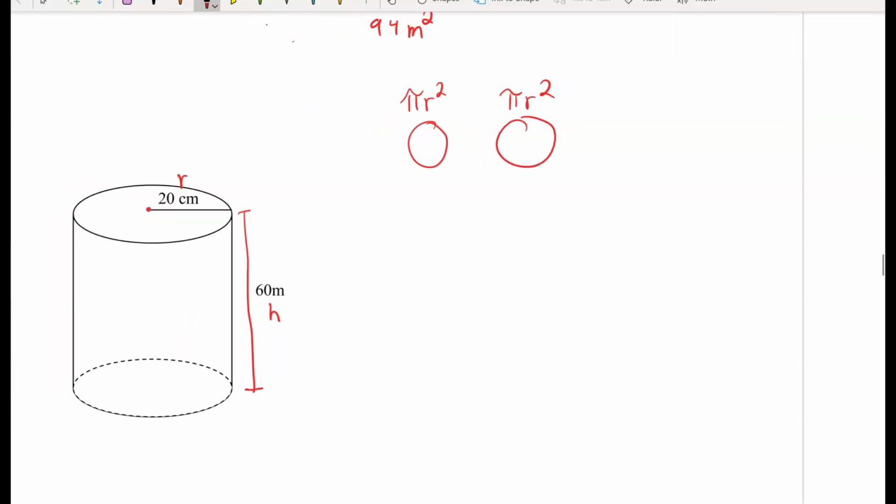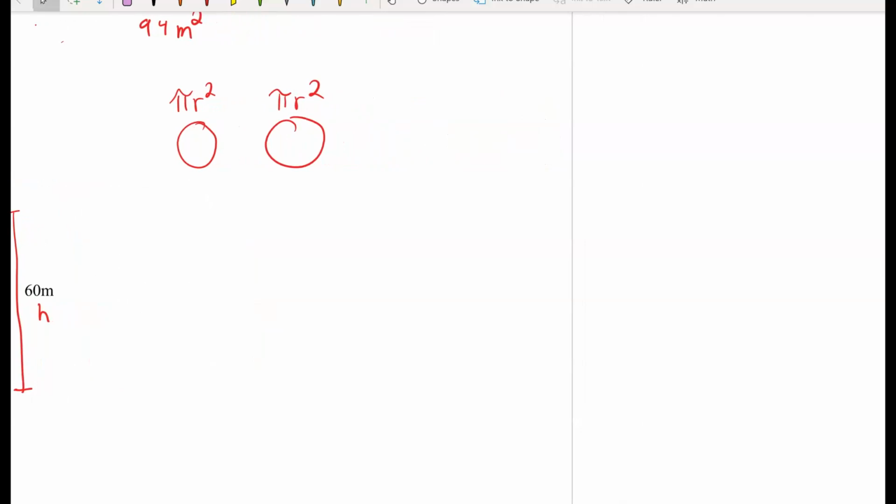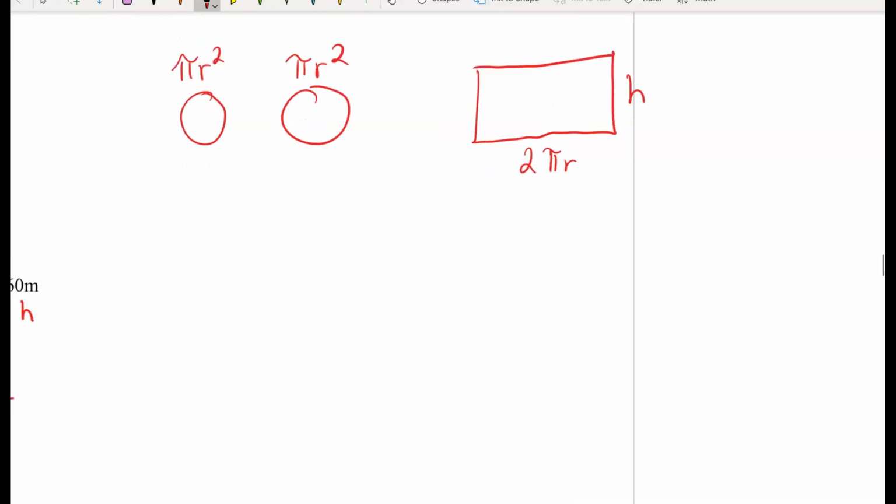And then all the way around the outside, it's going to unfold to make a rectangle. That rectangle has 2 pi r to find the bottom, and our height to find the height. So our 2 pi r really is acting as our width for this rectangle.